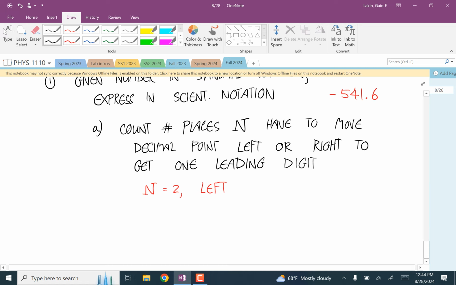And then the second step is if you moved to the left, then you're going to be multiplying by times 10 to the power of positive n.